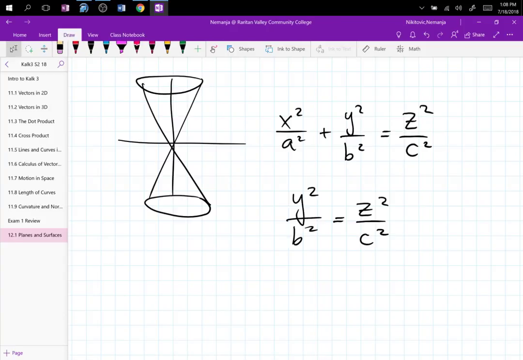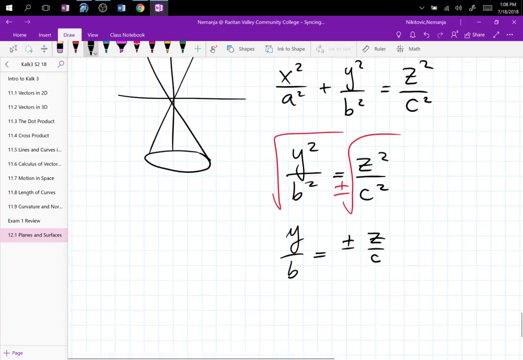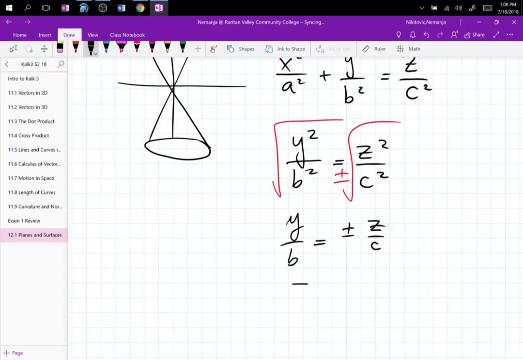So you can square root both sides. But you have to put plus minus when you square root both sides. And what you get is y over b is equal to plus minus z over c. Now I can rewrite this as z equals plus minus c over b y.